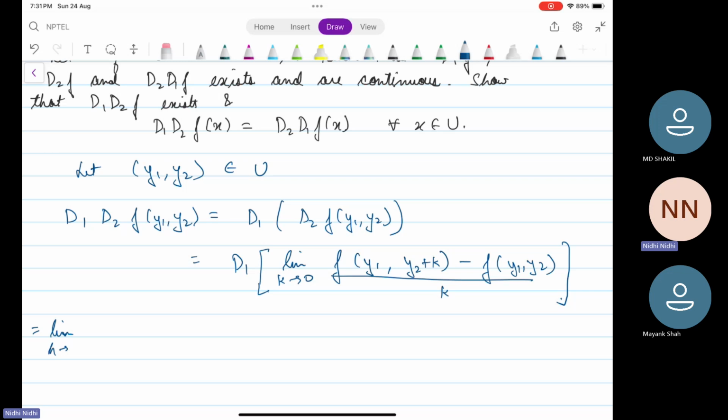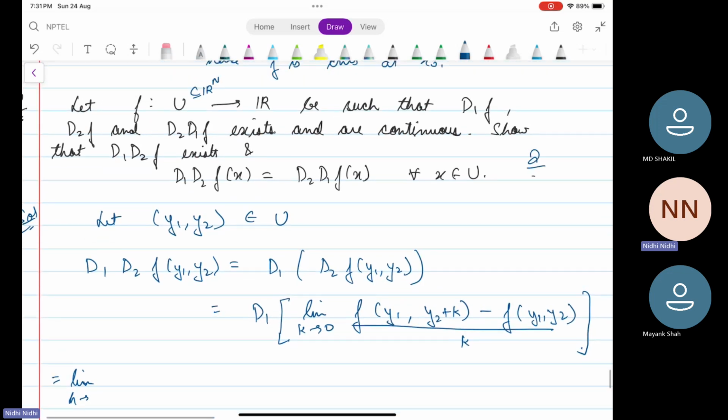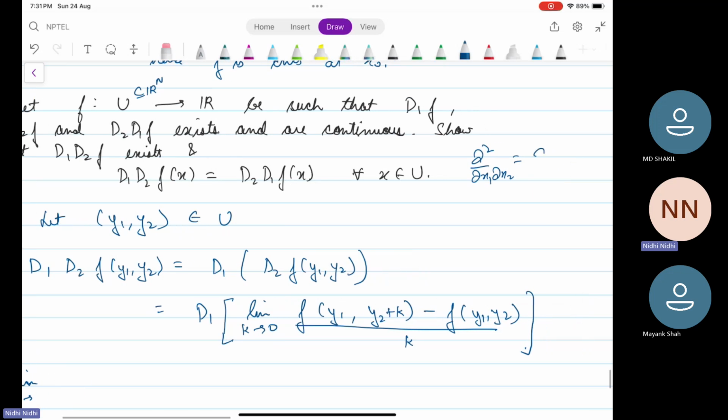Because we are asked to find d1 d2 only, I am taking advantage of that and doing it only for two variables, because all we need to show is that del 2 by del x1 del x2 is equal to del 2 by del x2 del x1. So if we prove this for just a two variable function, then we are done.